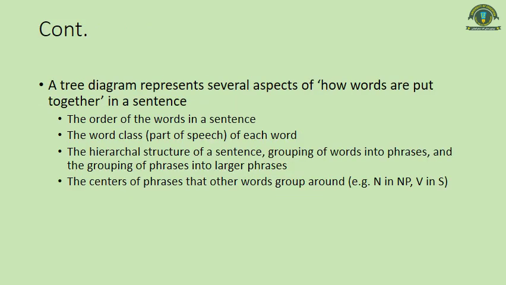A tree diagram represents several aspects of how words are put together in a sentence. As we have discussed earlier, it shows the order of words in a sentence, the word class of each word, the hierarchical structure, the ordering structure of a sentence, the grouping of words into phrases, and the grouping of phrases into larger phrases as well.